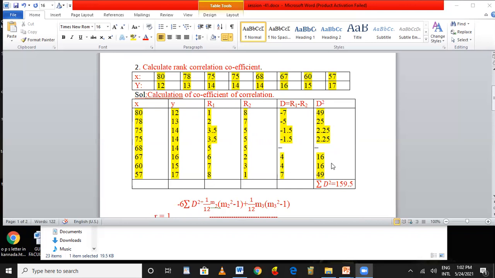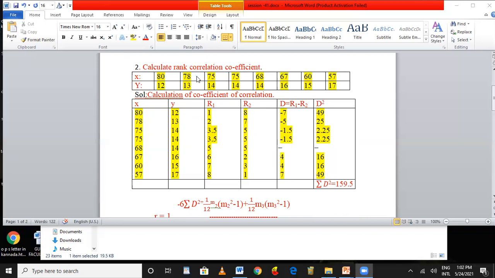In order to apply the formula 1 minus 6 sigma d square, it is required that you obtain the D square total. It comes to 49 plus 25, 2.25, 2.25 plus 16 plus 16 plus 49. The total comes to 159.5.